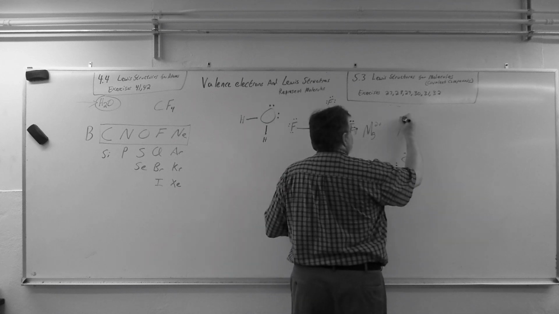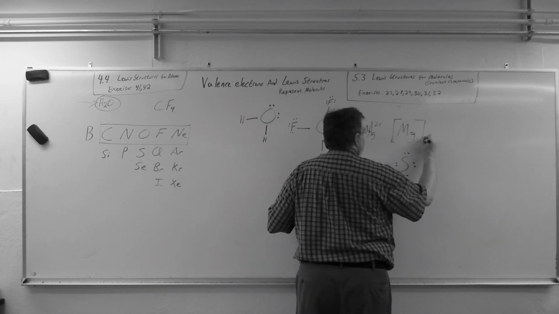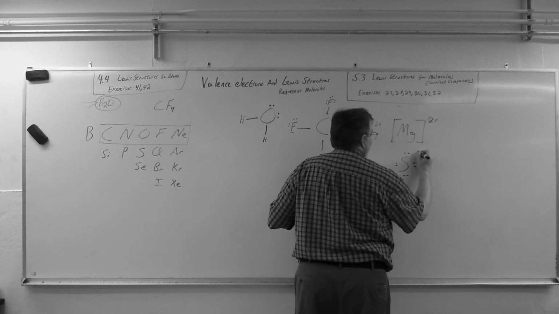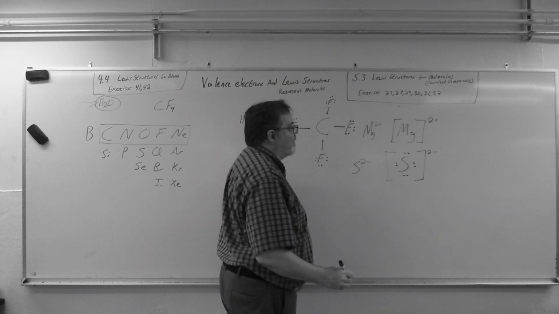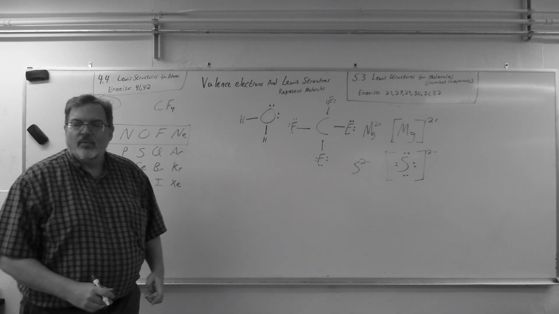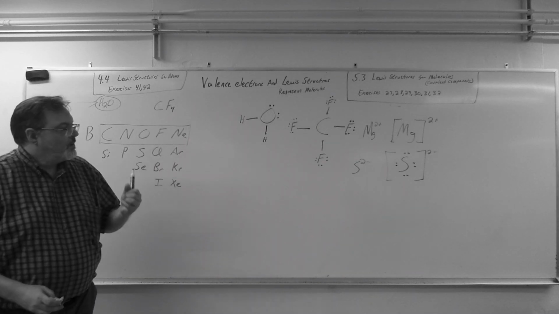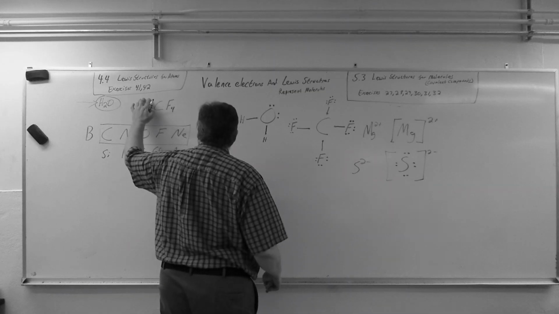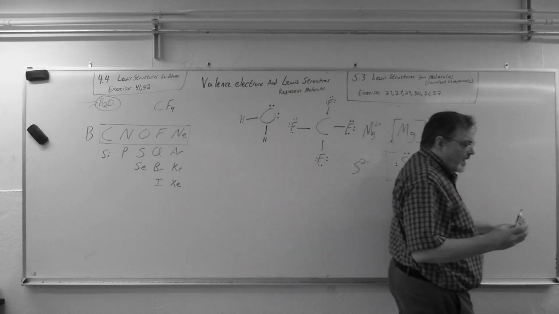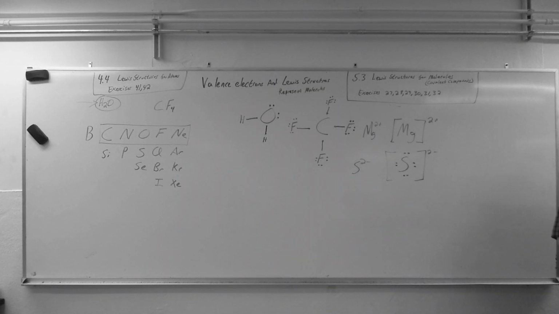And I guess I should also say, when we're doing Lewis structures, we put brackets around it and then we indicate the charge. But that's kind of a minor point. I think all that's kind of obvious. So I think you can do those because they're just literally make these Lewis structures. The ones that really matter for this discussion are the non-metals, though.